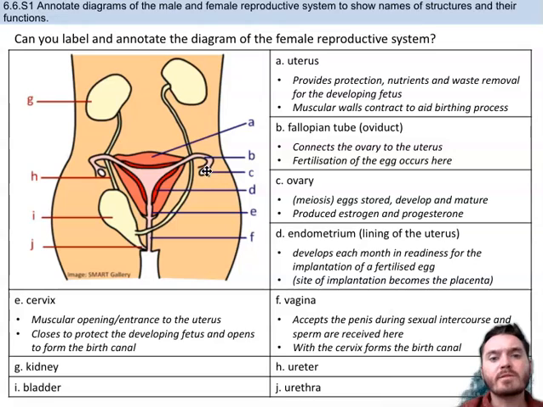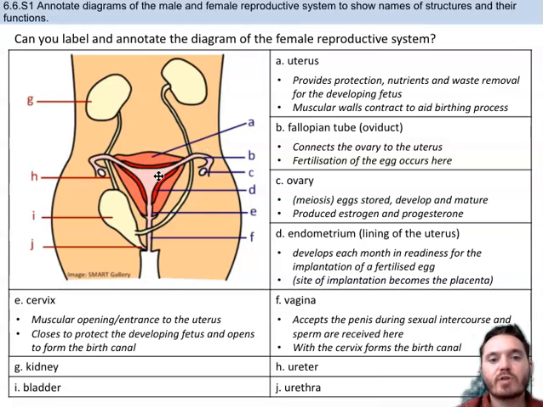And so once a month, that ovary is going to be releasing an egg into the fallopian tube. And then if there are sperm present in the uterus that are able to make it through the fallopian tube to the egg, then that's going to cause fertilization of the egg.